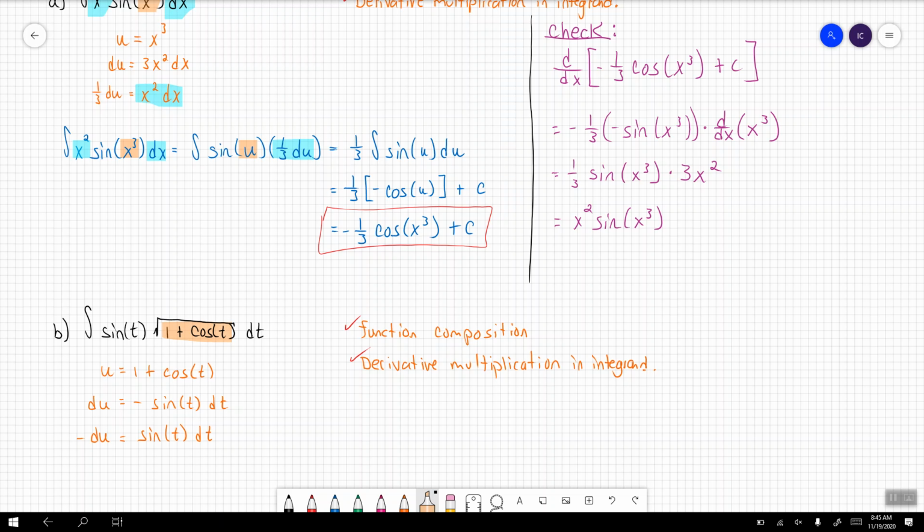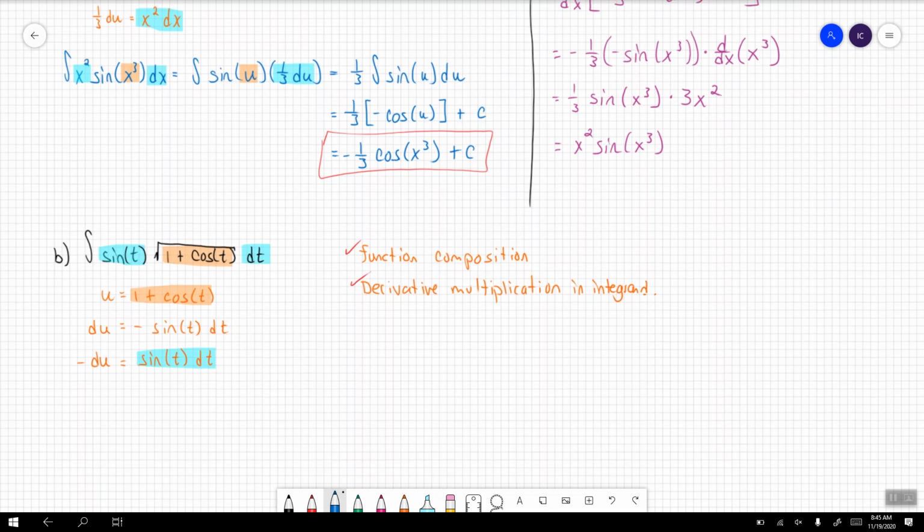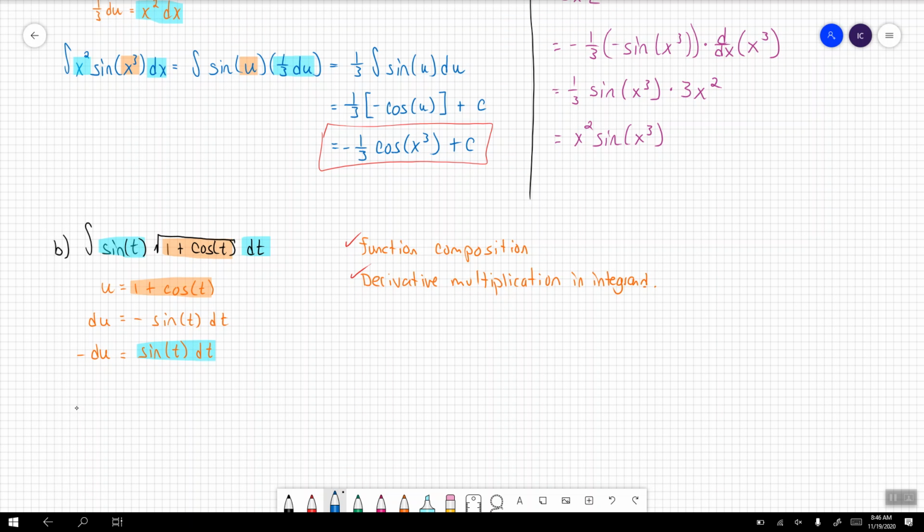What's left over is this sine t dt. So now I'm going to go ahead and rewrite this integral, that way I can start making my substitutions.